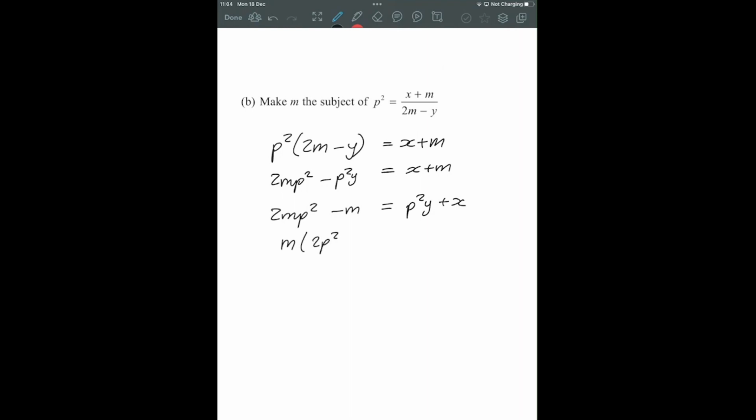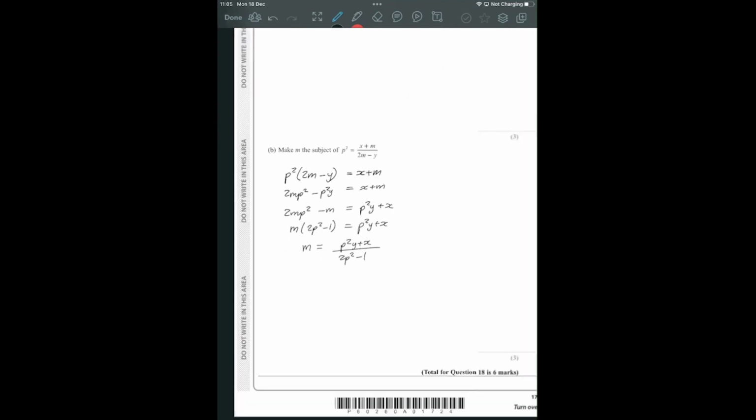We're going to factorize. Might feel a bit backwards because we expanded a bracket a couple of steps before, but now we're factorizing a different letter. And finally, we're going to divide to remove that bracket. And our solution nice and clearly as so.